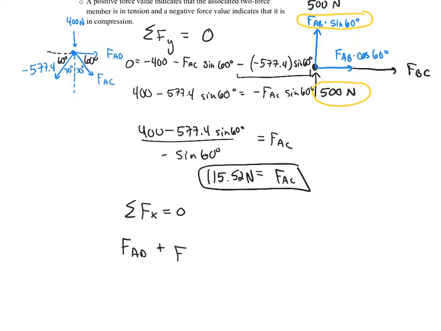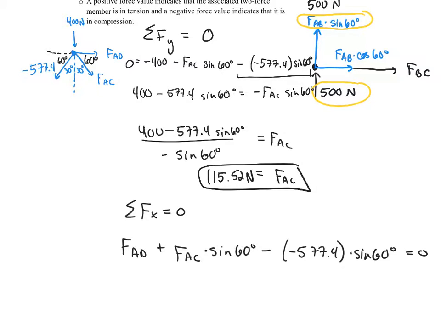I've got FAC pulling right at an angle of 60. I've got negative, and this is negative negative again, 577.4, that's pulling left at an angle of 60. And that equals 0. Plug in for FAC from your last answer and get FAD.